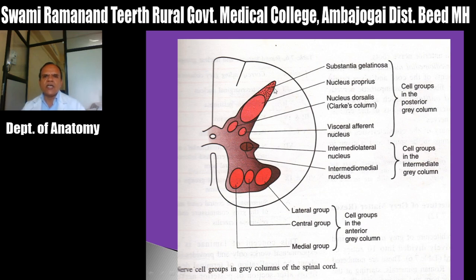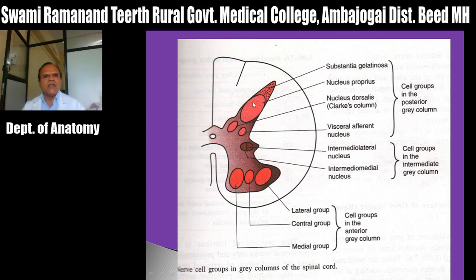This is the substantia gelatinosa, which caps the posterior horn, then the nucleus proprius and the nucleus dorsalis. The post-marginal nucleus is not shown in this picture, but it lies adjacent to the substantia gelatinosa. So the nuclei are the post-marginal nucleus, substantia gelatinosa, nucleus proprius, and Clark's column or nucleus dorsalis.